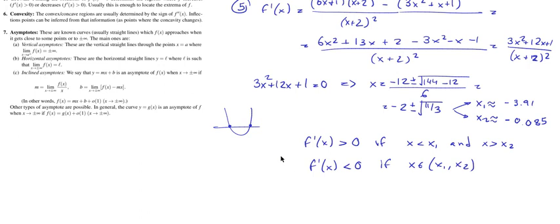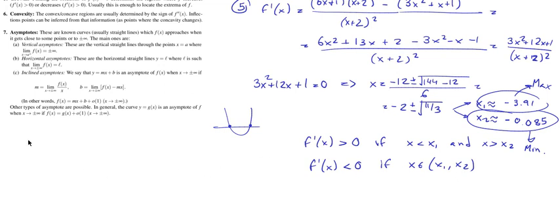So f is increasing up until x1, so this is a maximum, then it's decreasing up until x2, and after that it increases, so this is a minimum. We have a minimum, no zeros, and we don't really need to analyze the concavity because we're going to see it now.